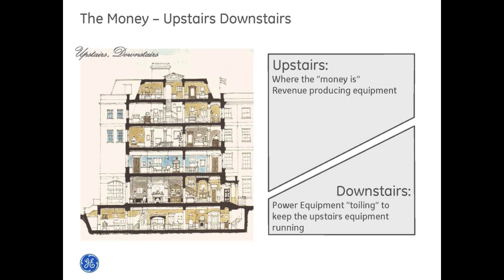The revenue-producing equipment, the switching office, is upstairs. Meanwhile, downstairs, in the servants' quarters, power equipment is toiling away to keep the upstairs equipment running, and obviously to keep revenue being generated.